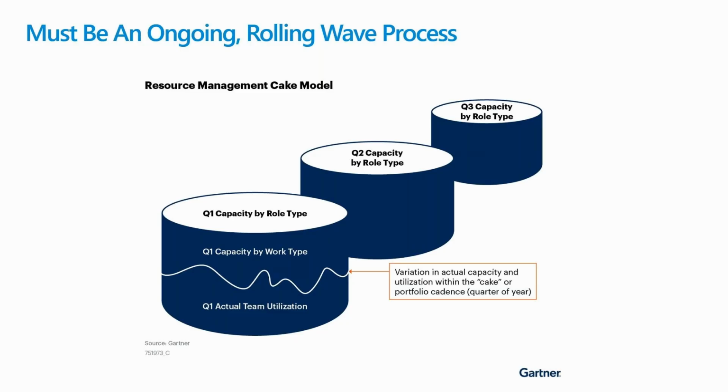So we might go from less specific, higher level resource planning to more specific resource planning over time. What we know about the things that we're going to do this week or this month is in much more specificity than the things that are on our plate for next quarter or the quarter after that. So once again, it's an ongoing rolling process so that we get more specific as we know more.